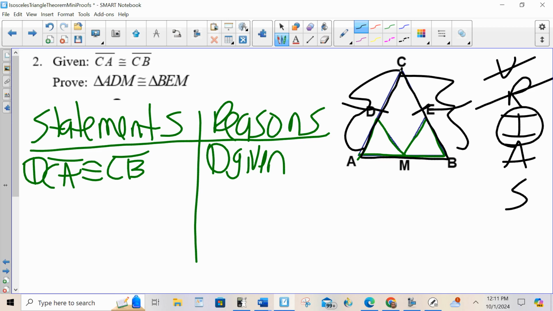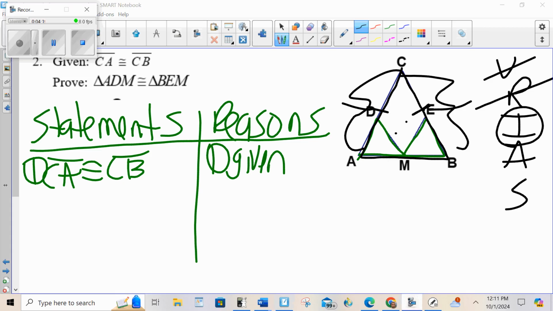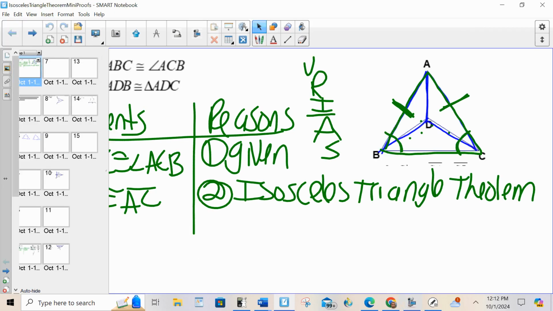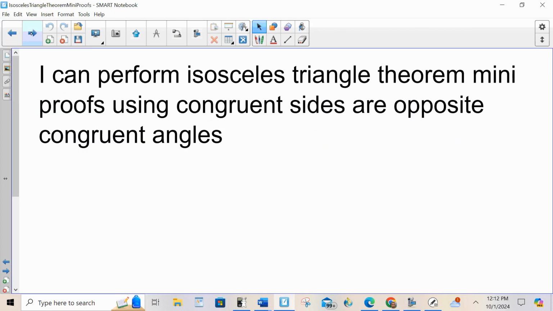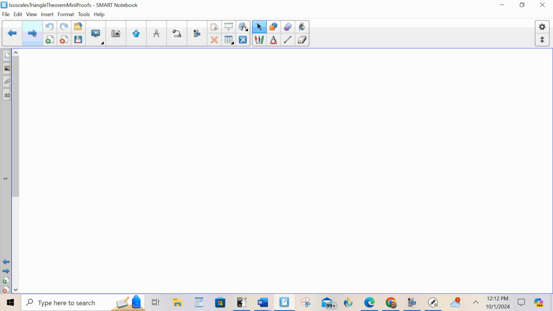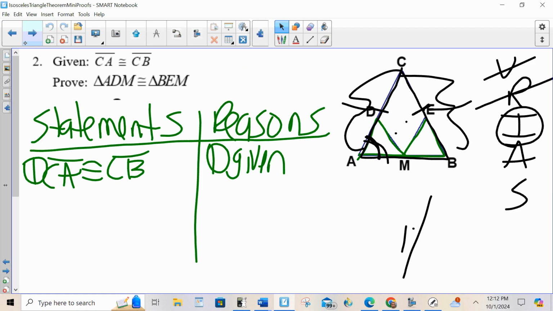And an isosceles triangle not only has two congruent sides, but it also has two congruent angles, the angles opposite them. Little technical difficulty there. So again, let me start the thought over.